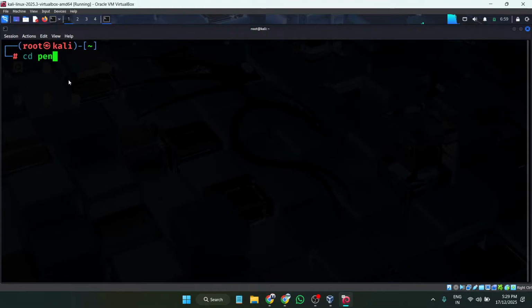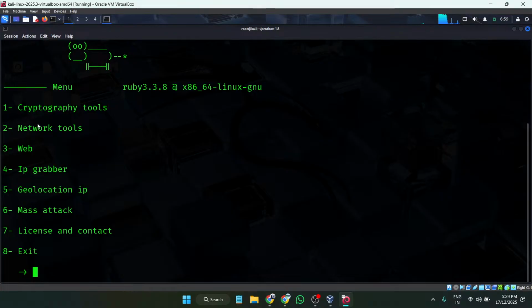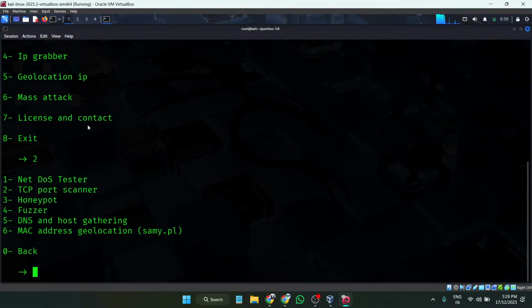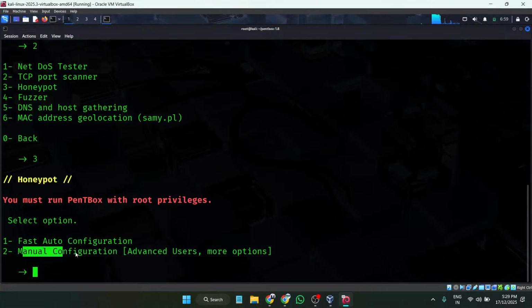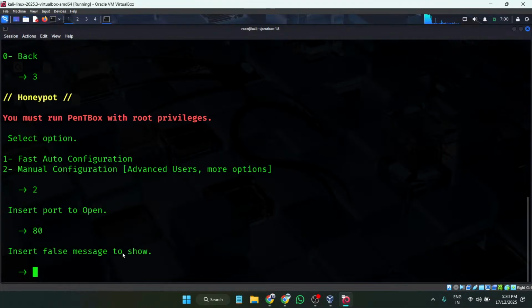So cd penbox, ls, ./penbox.rb. Network tool, honeypot, manual configuration. Insert port to open. I'm choosing 80 so that I can show you the message as well.